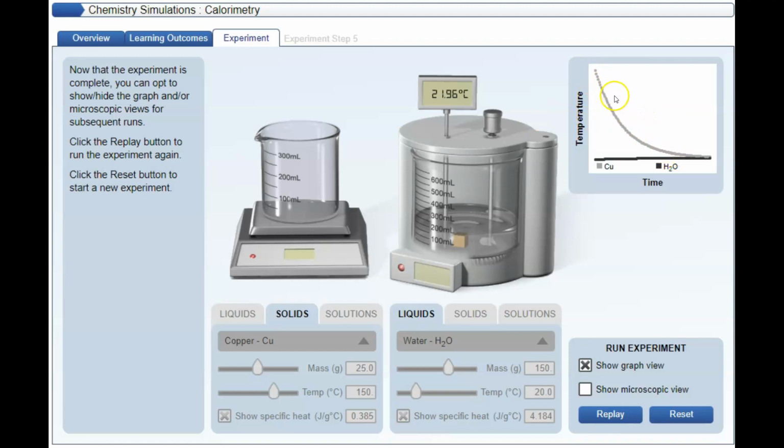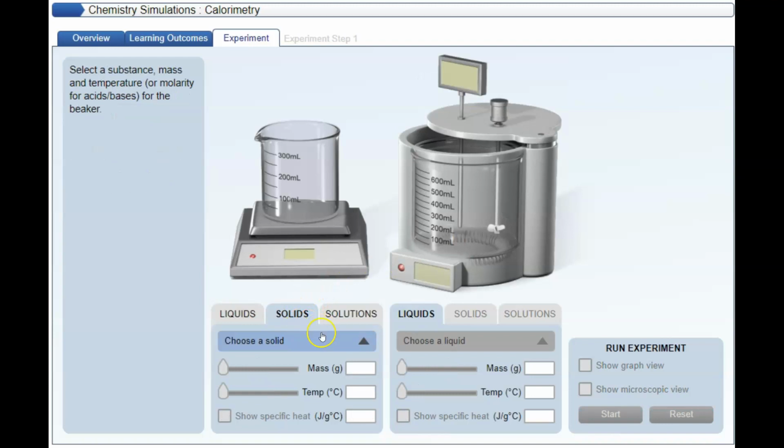Obviously over 100 and whatever degrees Celsius drop for the copper. So when we're doing the calorimetry calculations, the delta T, the change in temperature of the copper, is way different than the delta T of the water. They both end up at the same T final, but they have different initial starting points, as you can see here.